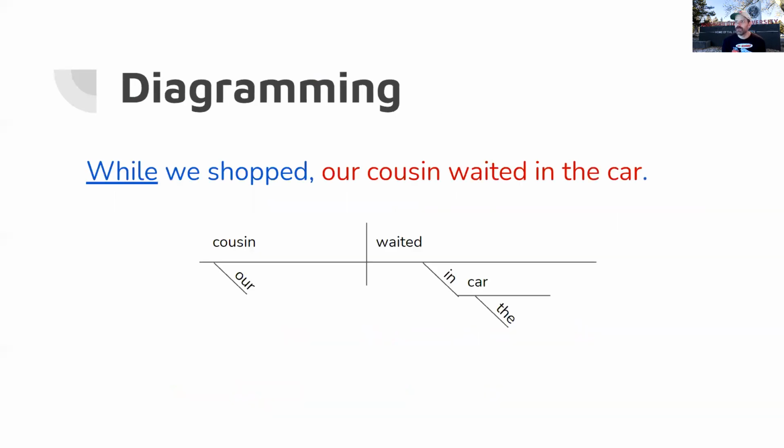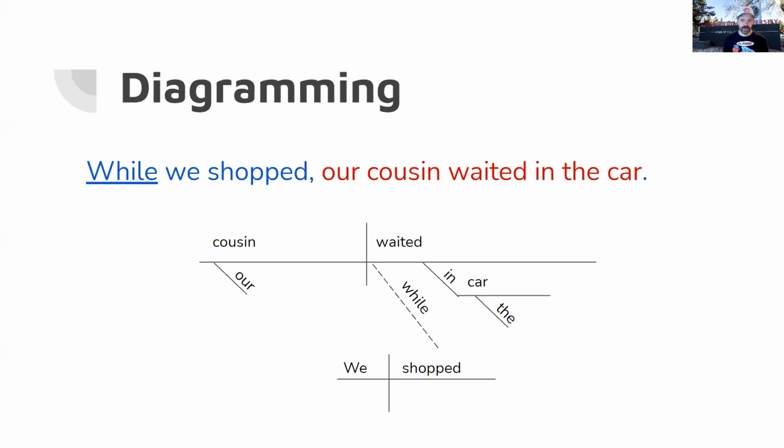So this one, if we go with the independent clause, let's diagram that first. Our cousin waited in the car. And then our other sentence is quite simple before we add that subordinating conjunction, just we shopped. So the question is, how do we connect these? Because this while we shopped is functioning adverbially, it's answering the question of when.